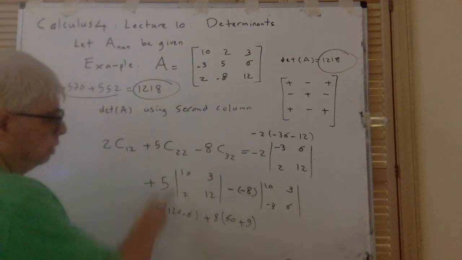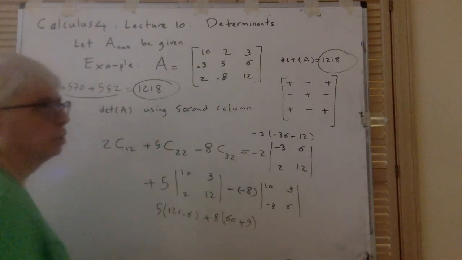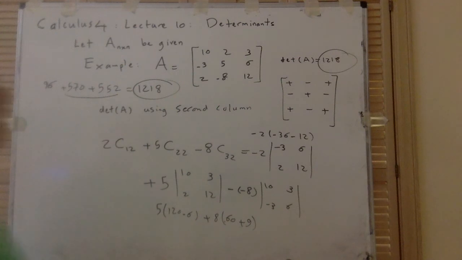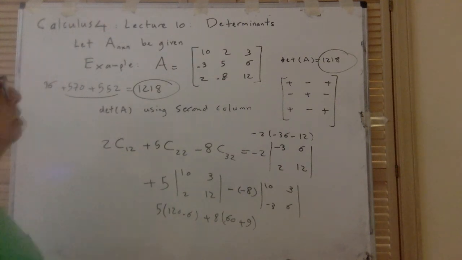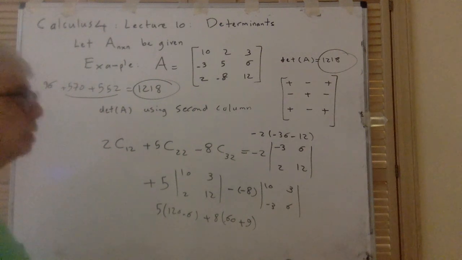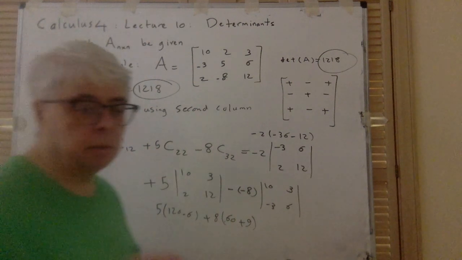Like this 5 is multiplied by this and this. These are entries, so 3 of them are multiplied. And if I have 4 by 4, you will see that 4 of them are multiplied. So basically, if it is 3 by 3, it is a sum of products of 3 entries, with certain signs. The sign depends on which ones are multiplied. So anyway, I will stop now.